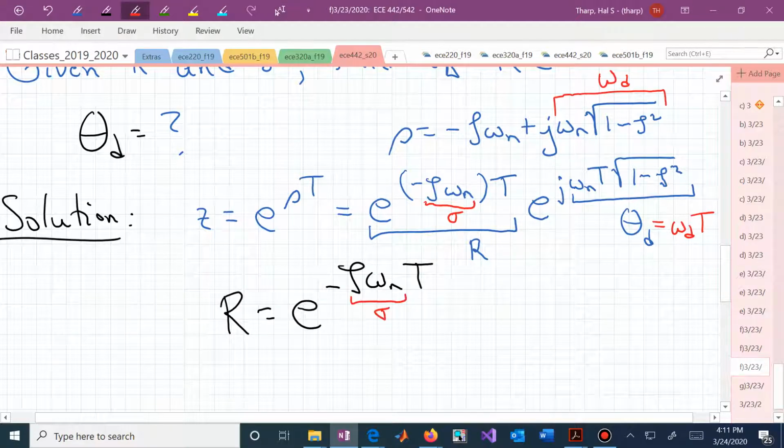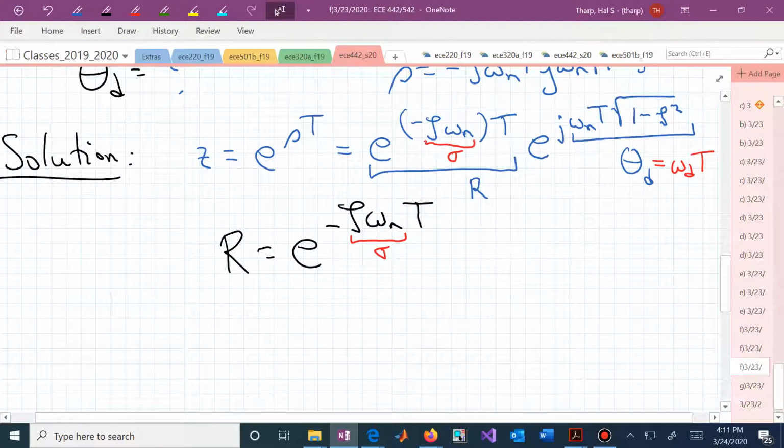Here is our sigma. We're given zeta and we're given r, and t will be given. So we have one equation and one unknown, and that unknown is omega sub n. Can we solve for that?